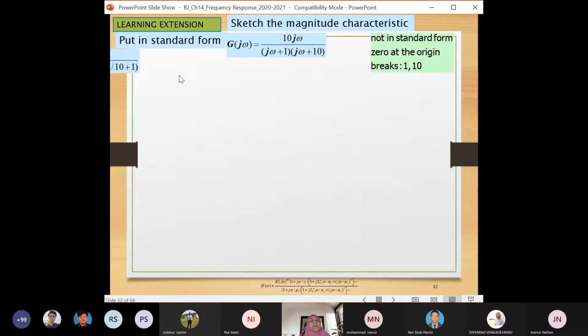Put it in standard form, then you will have j omega in the numerator divided by (j omega plus 1) times (j omega over 10 plus 1). So obviously there is one zero at the origin, whereas the poles are at 1 and at 10.